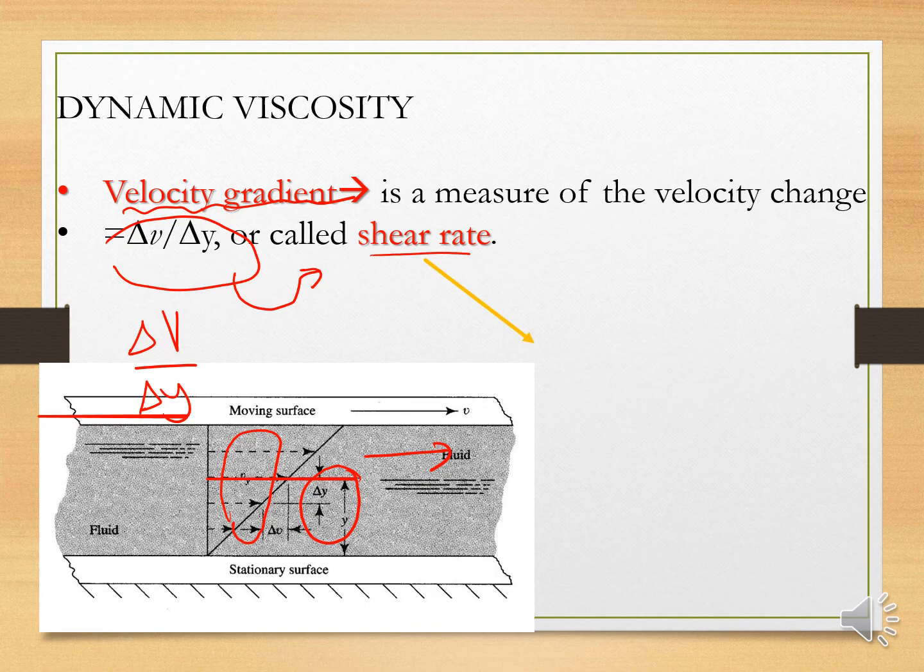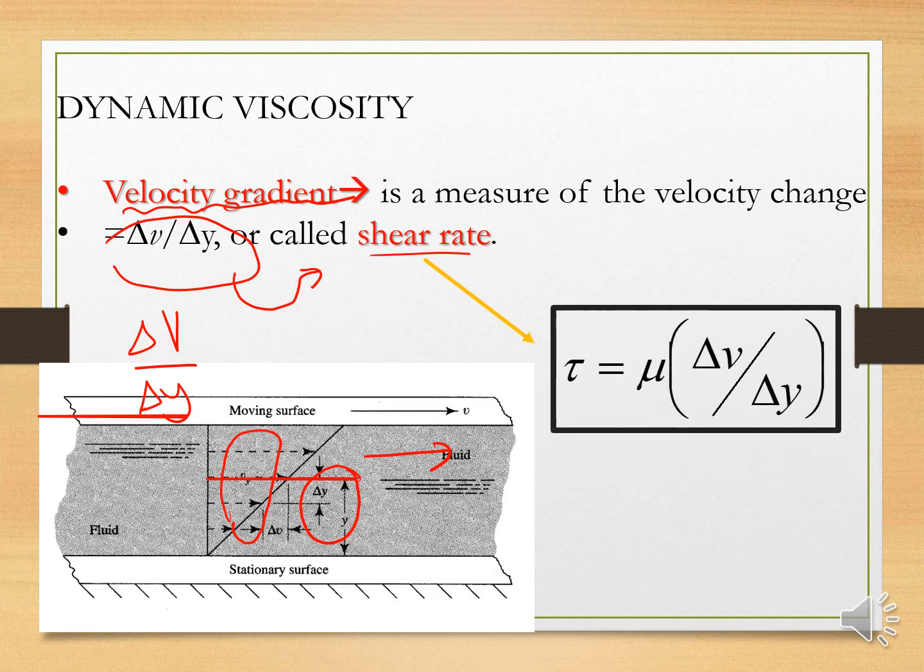The shear stress here can be derived through this equation. This is the shear stress, which we express in terms of the velocity gradient, and from here we can get the dynamic viscosity.